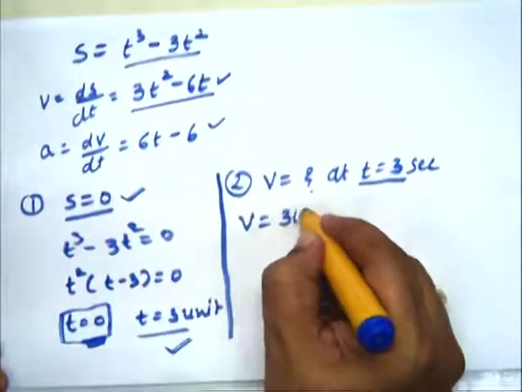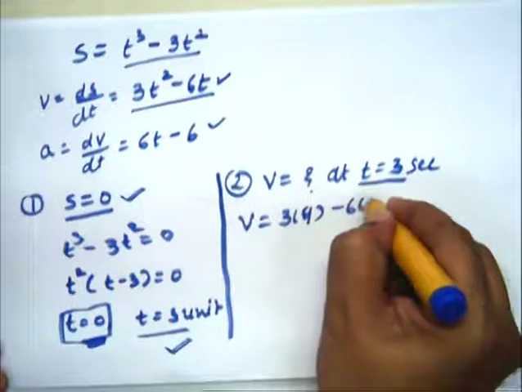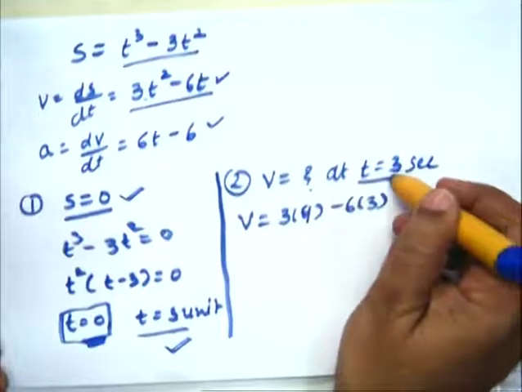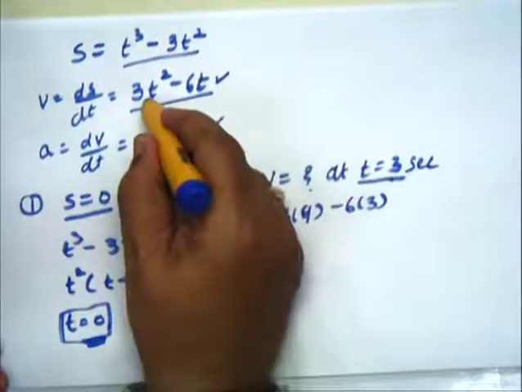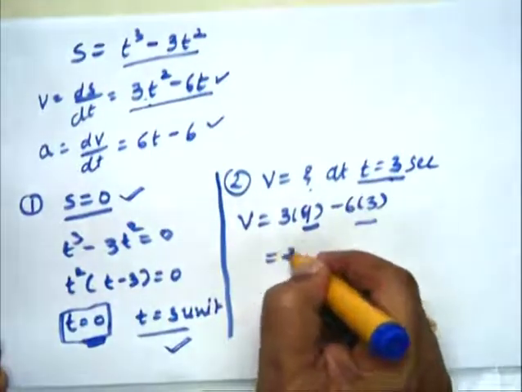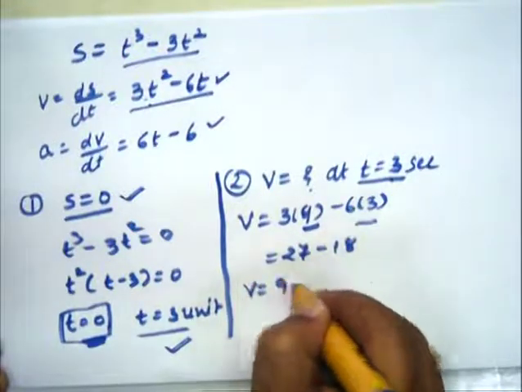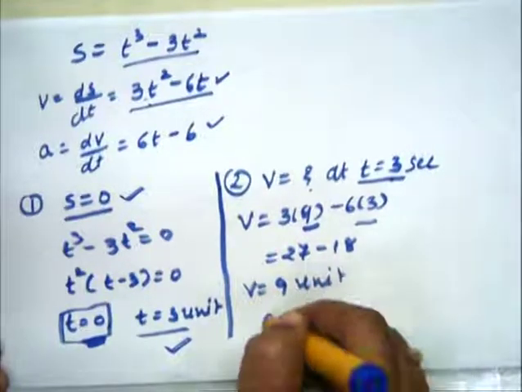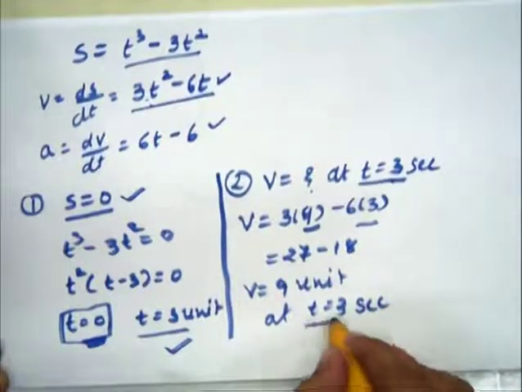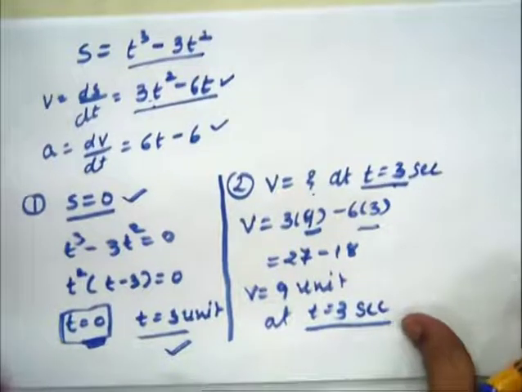So 3 into t square, t is 3, so 3 square is 9, and 3 into 9 is 27, minus 6 into 3 is 18, so v is equal to 9 units at t is equal to 3 seconds. So this is the answer for the second question.